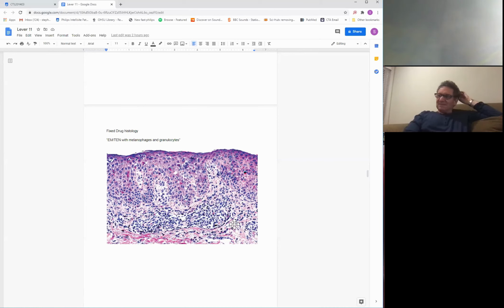Since this is a picture from the web, I can't go to higher power, but there are a few eosinophils and neutrophils in here. So if you see an acute interface like this that also has granulocytes, the pathologist can actually say this is probably fixed drug eruption, or if the clinical's right, we'll just flat out say it's fixed drug eruption.